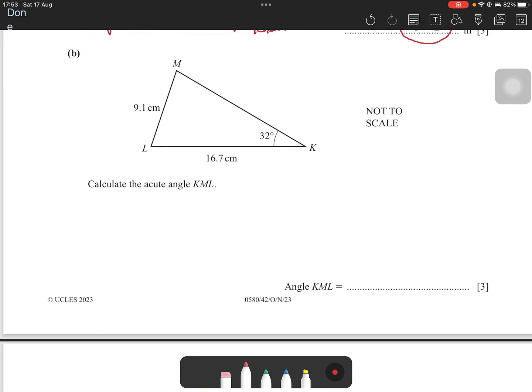Question B. Calculate the acute angle KML. KML is this red angle. In this question, we see some angles and the opposite sides, so we use the sine rule. Sin M over the opposite side, 16.7, is equal to sin 32 degrees over the opposite side, which is 9.1.